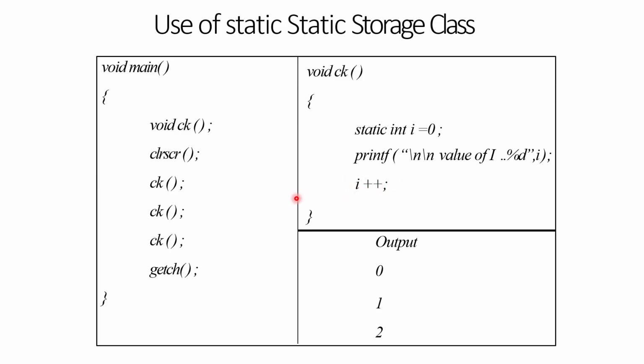Same thing again, control will return back to the main function, but this I will be retained because you have declared I as static. So the third time CK gets called, this will get skipped and you will get the previously updated value of I, that is 2, and that is why you get this type of output.